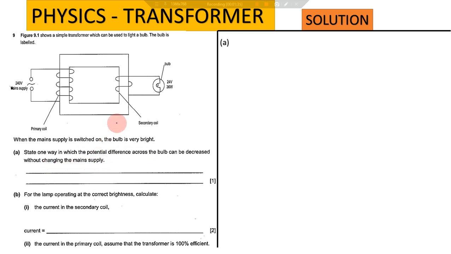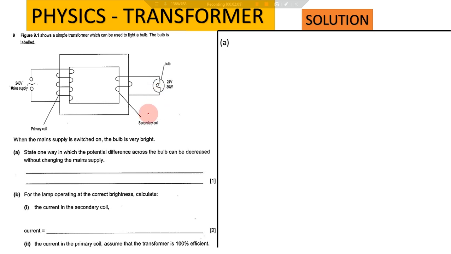So one way, remember the principle of a transformer. When you want to increase voltage in the secondary coil, what do you do? You increase the number of turns. Whether on the primary coil it's 40 volts which is coming in, as it is going out, when you increase the number of turns, you expect the voltage to be increased as well.